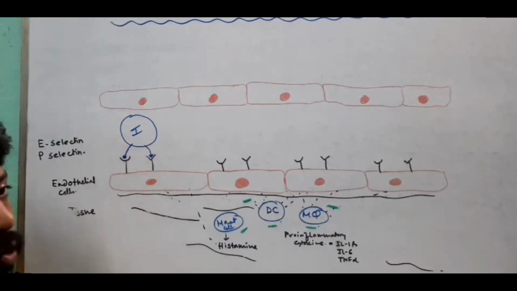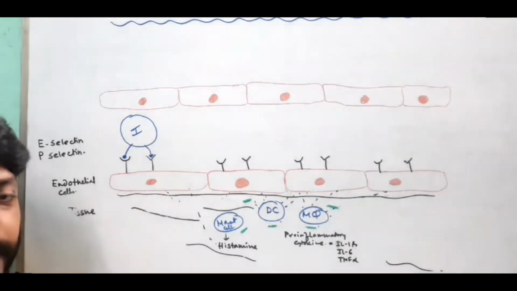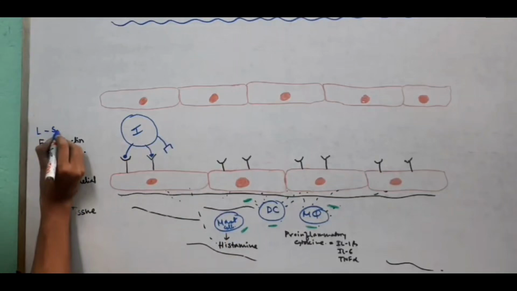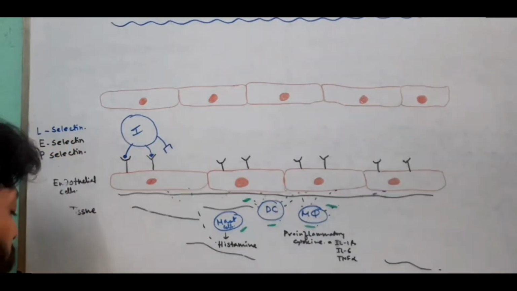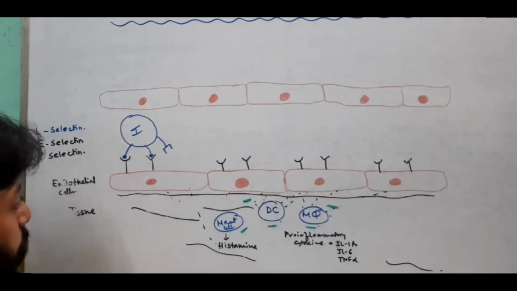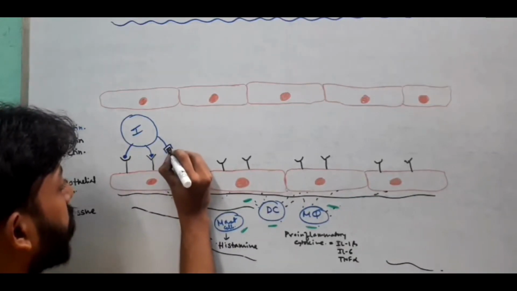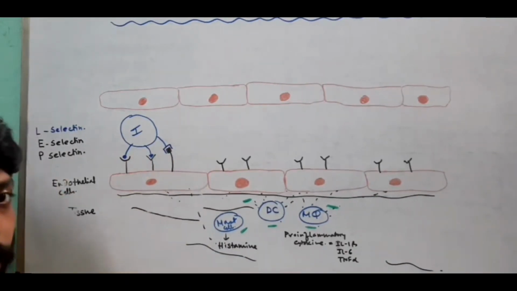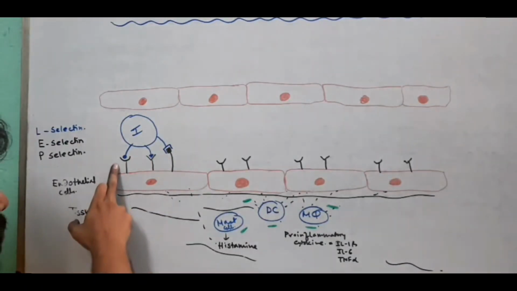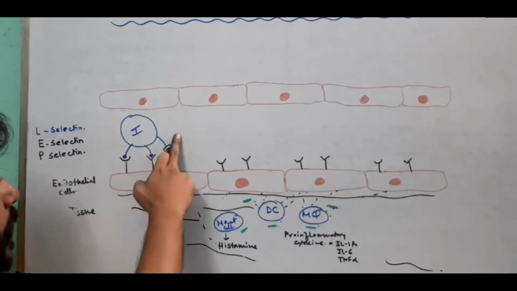The immune cell also expresses a selectin called L-selectin, L for leukocyte, and the endothelial cells express ligand for the L-selectin. So now the molecules are attaching with each other: E-selectin, P-selectin and L-selectin.